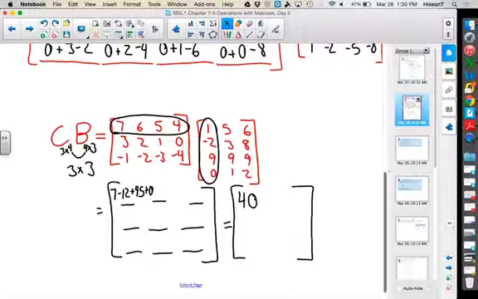If you have a quiz or a test on this, show your process. Your calculator actually can do it, but you want to learn our process here.